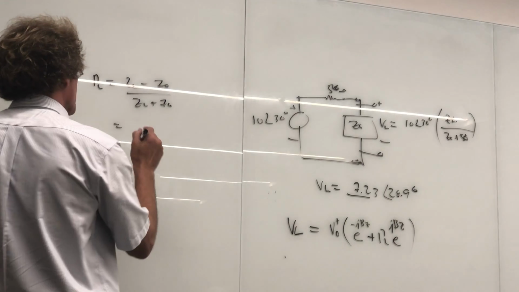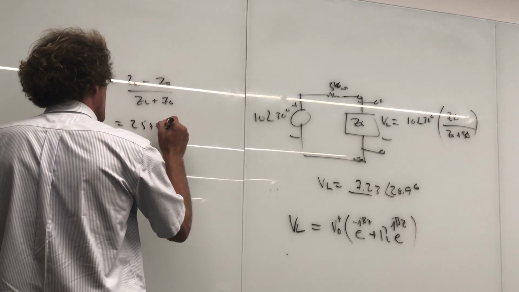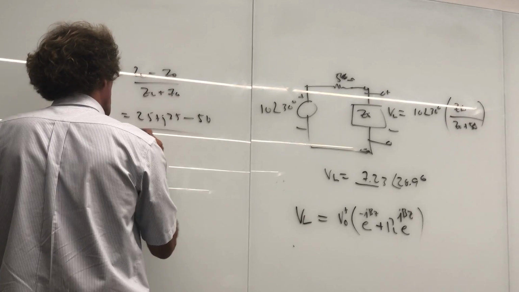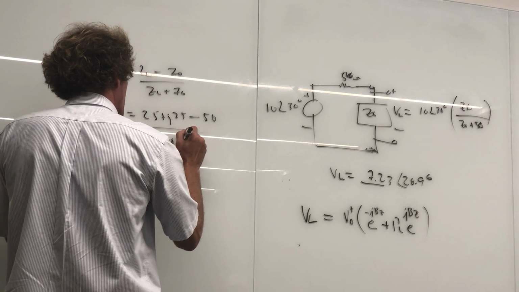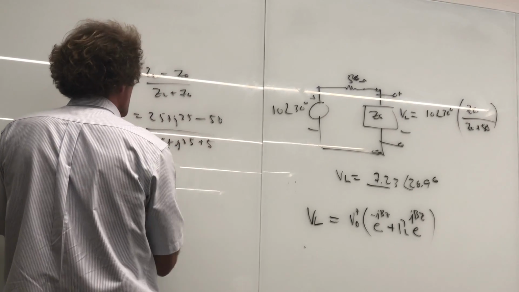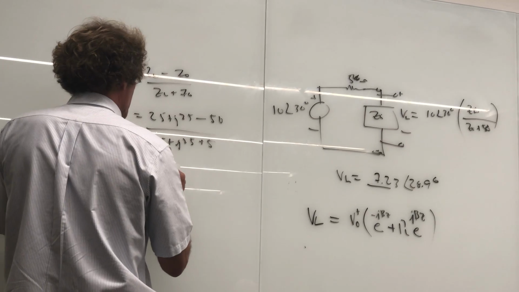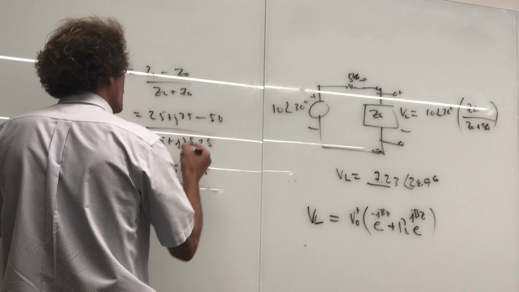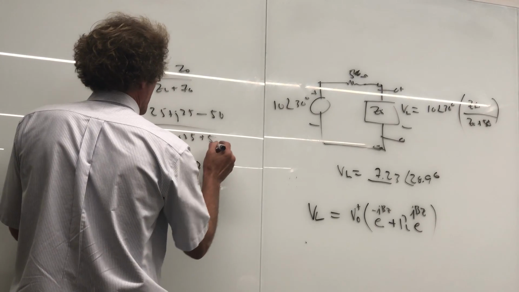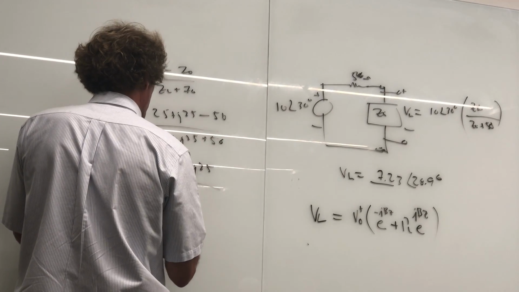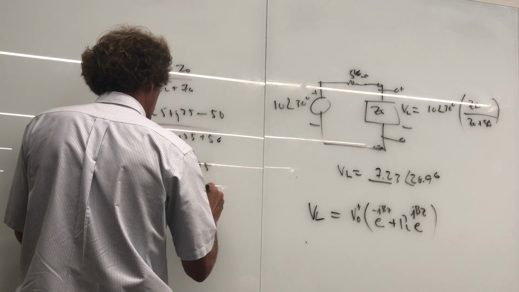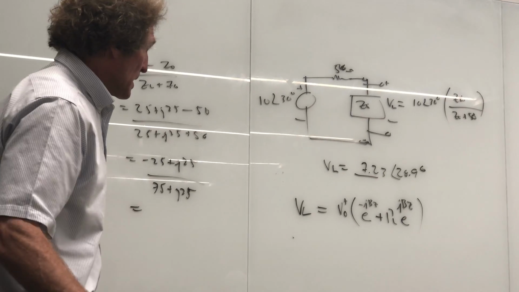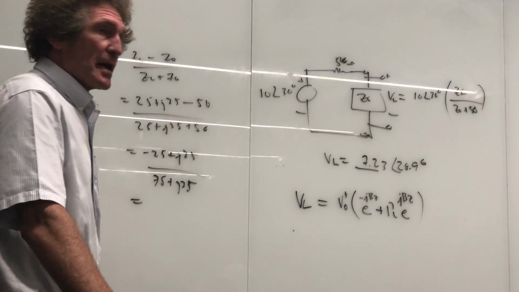ZL is 25 plus j25, minus Z naught, which is 50, over 25 plus j25 plus 50. So what's that going to be? Well, that's minus 25 plus j25 over 75 plus j25. So what's that in terms of a magnitude and an angle?